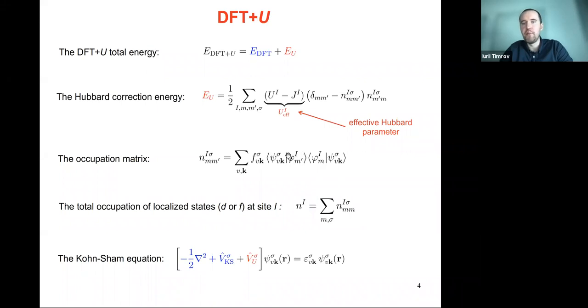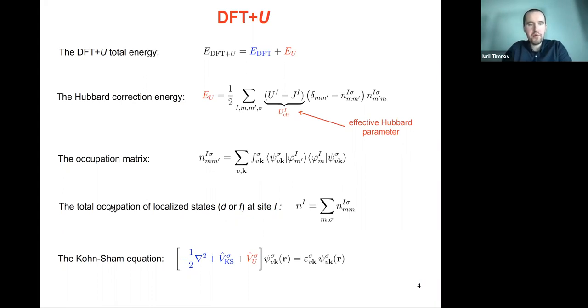This can be, for example, atomic-like functions, which are centered on atoms. And the same scalar product, but in different order, and with index M instead of M prime. And f sigma, V, k are the electronic occupations, for example, Fermi-Dirac or anything else.